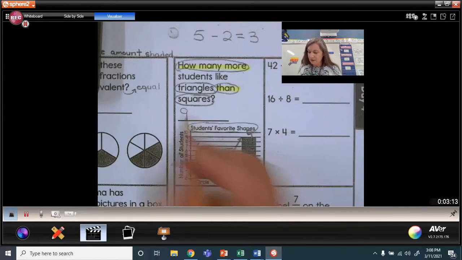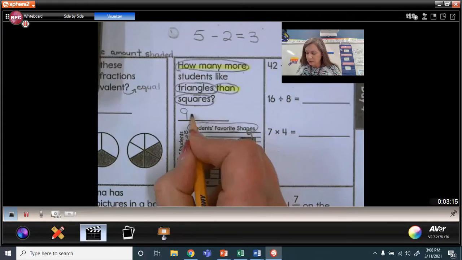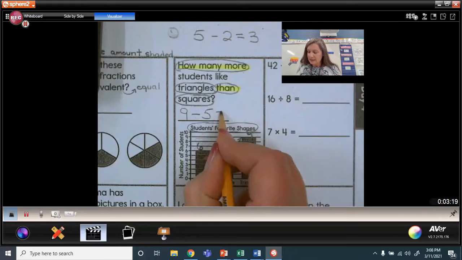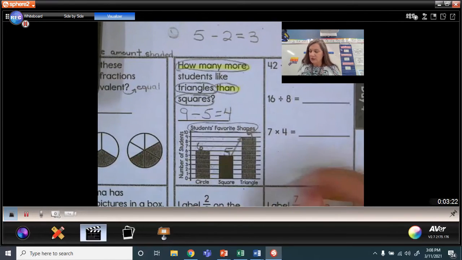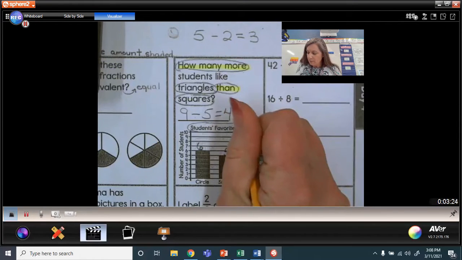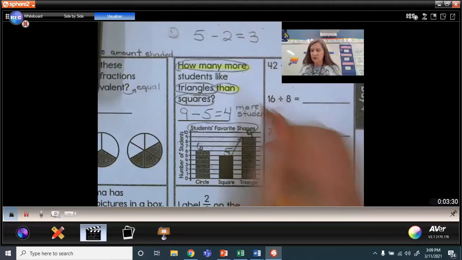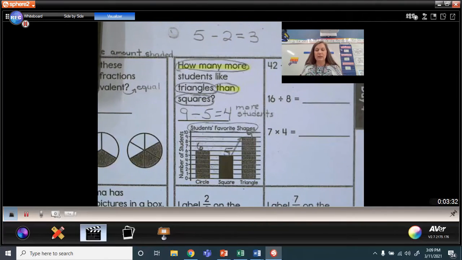So 9 students voted for triangles, 5 students voted for squares. That's a difference of 4 students. So 4 more students like triangles than squares. Okay?